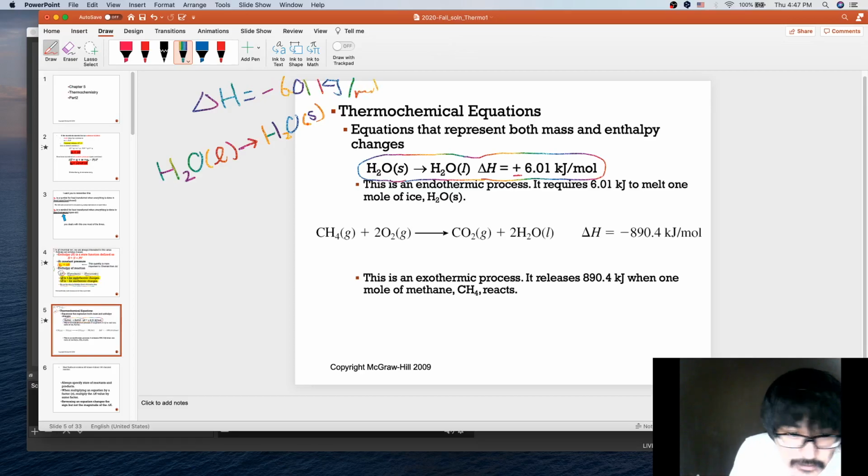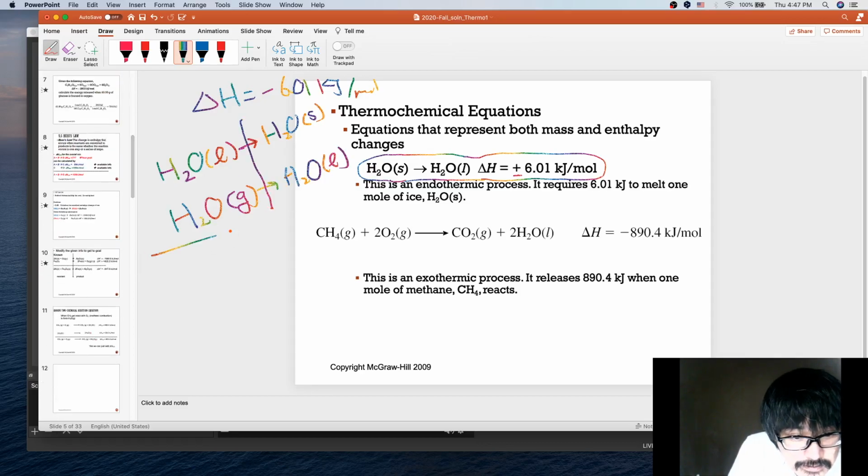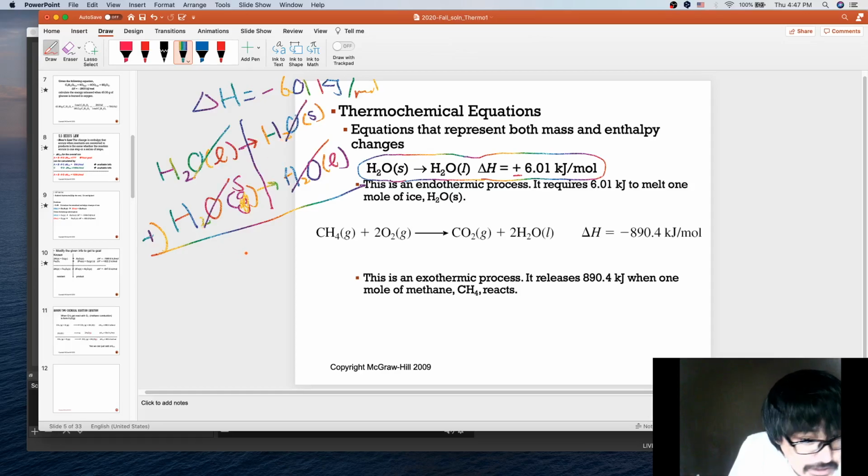The reason I know that is because let's add these two reactions. What happens here? If I add all of these, the liquid and the liquid cancel, the solid and solid cancel, so there's nothing left, meaning it's zero.